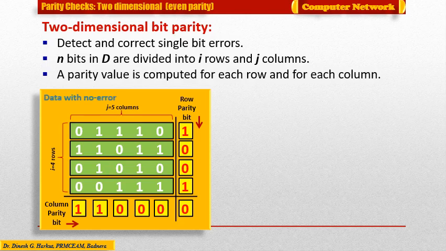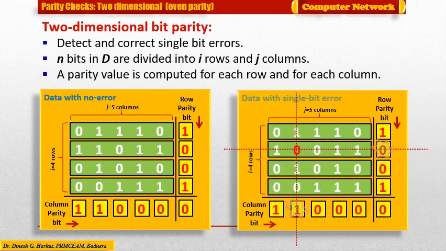The receiver thus not only detects the fact that a single bit error has occurred, but can use the column and row indices of the column and row with parity error to actually identify the bit that was corrupted and correct that error. Suppose as an example, this is the original data.